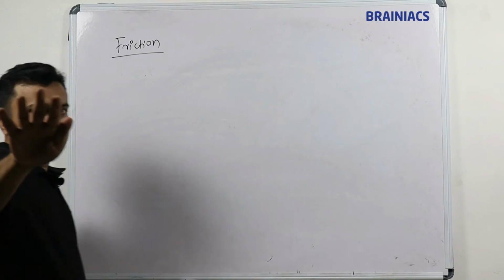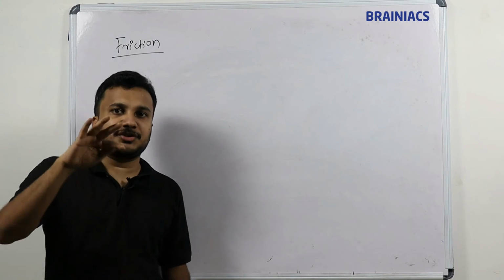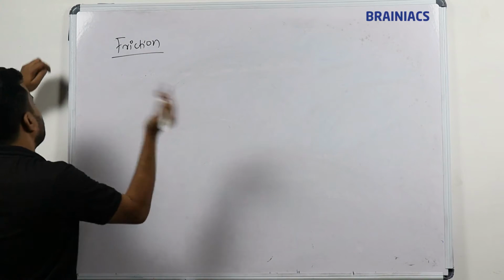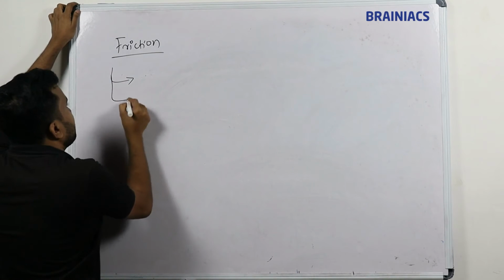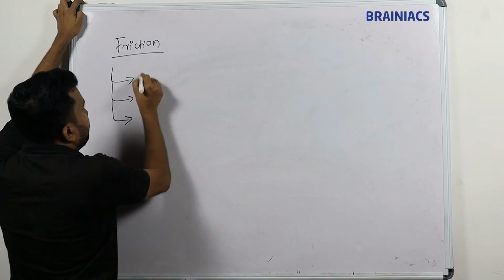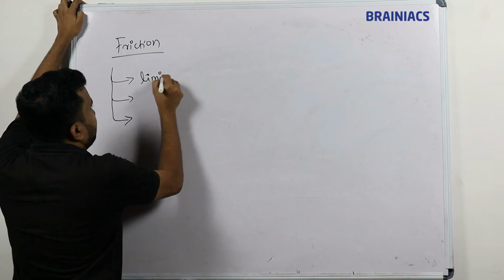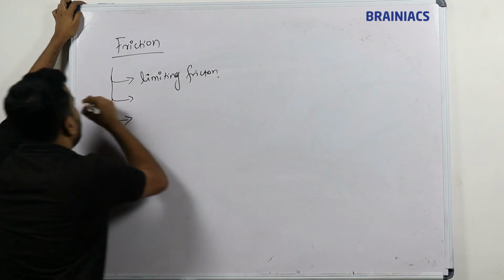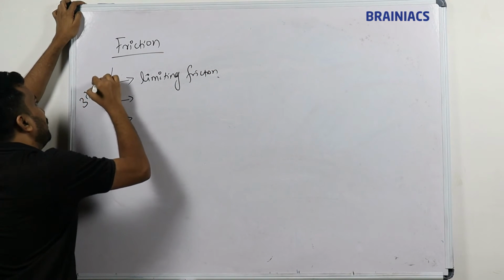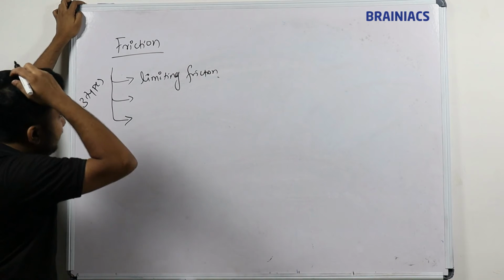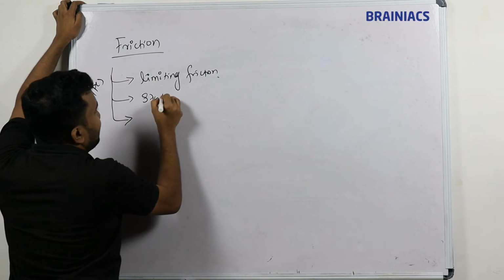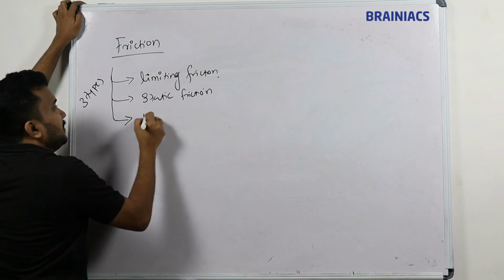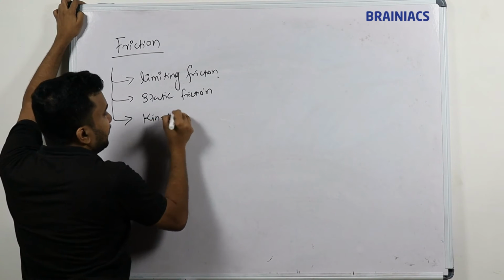Now I am going to classify friction. Some textbooks say friction has two types, but I am saying frictions are three types. The first one is called limiting friction, the next one is static friction, and the third one is kinetic friction.